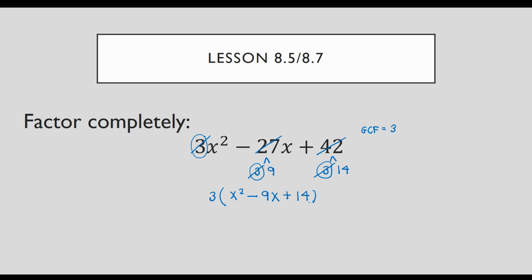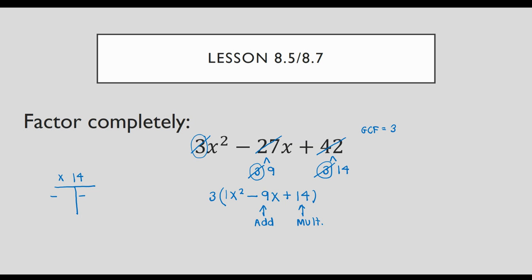And now because I have parentheses with a 1 in front of the x squared, just like the last couple of problems, we're asking what multiplies to the last number but adds to the number in the middle. So if I want to multiply to a positive number but add to a negative number, I am going to want both of my numbers to be negative because a negative times a negative is a positive.